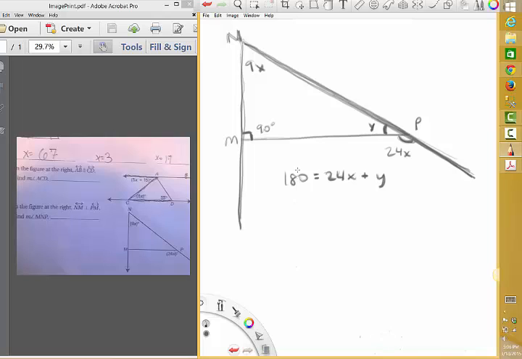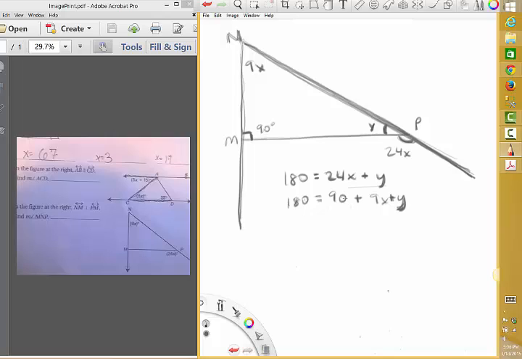So for the triangle, they also add up to 180 degrees. So we can put 180 equals, then we have to add all the angles, so equals 90 plus 9x plus y. The first thing we need to do is group up the like terms. In the first equation, they're already pretty grouped.